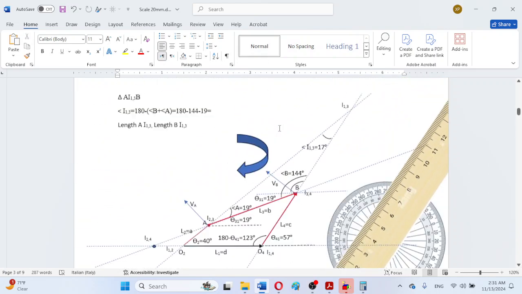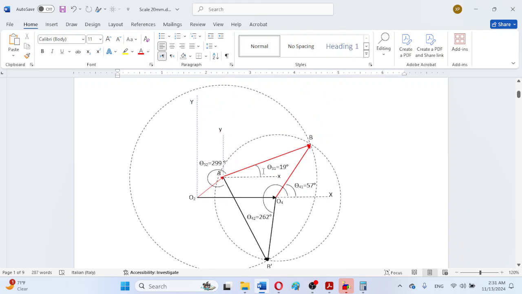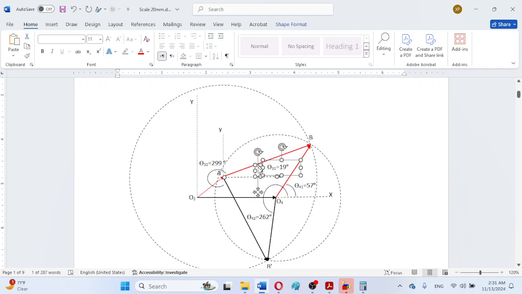Again, for example, from the original diagram we can move this angle as well as this horizontal reference, and for example this arc symbol as well.